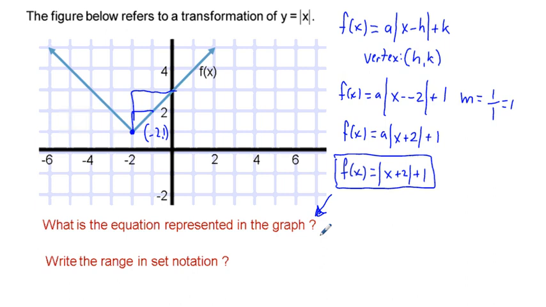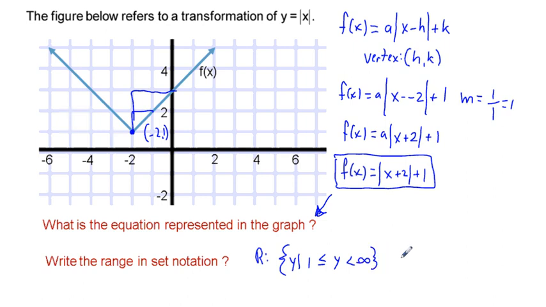What is, write the range in set notation? Well, range, we're going to have y such that y is greater than or equal to our lowest value on here, which is 1, but less than infinity.